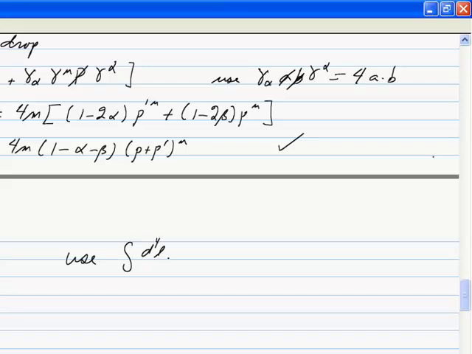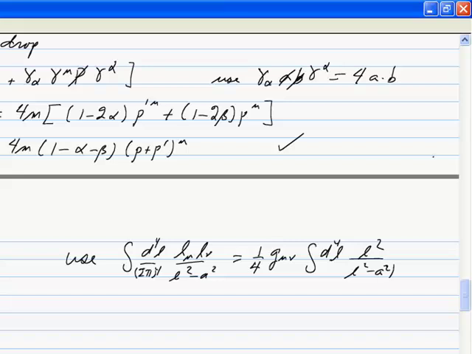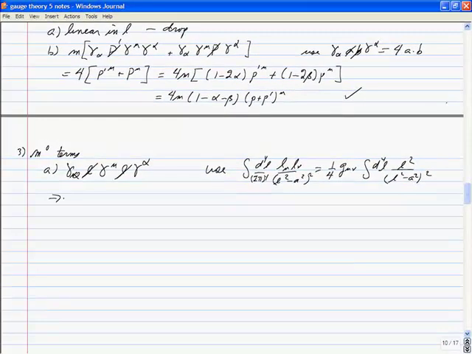Integral d4L, L mu L nu over L squared minus a squared. Well, that's by Lorentz invariance a quarter g mu nu, integral d4L L squared over L squared minus a squared. This is to any powers. So basically, L mu L nu turns into g mu nu L squared over 4.